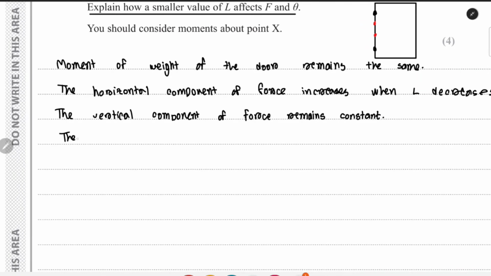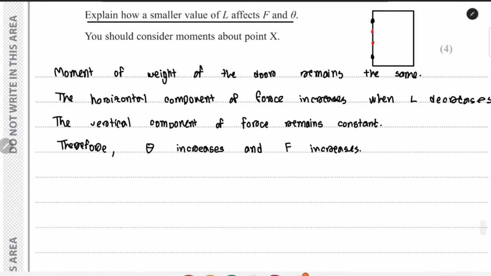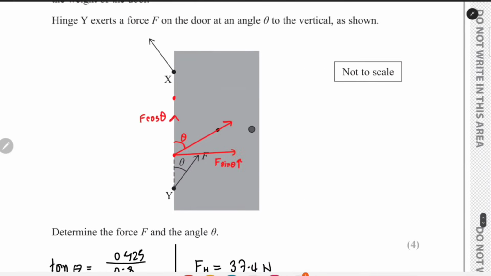Therefore, theta increases and F increases. The F must increase because we have to keep the same value of F cos theta.